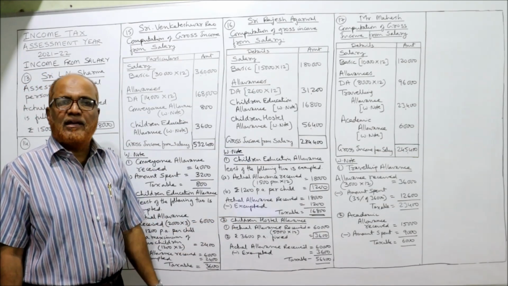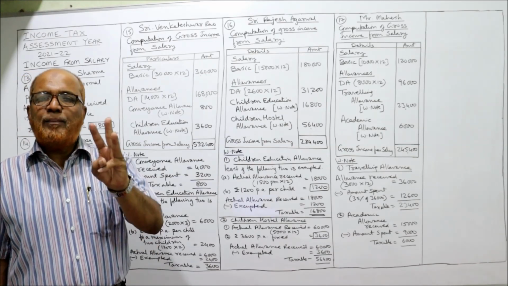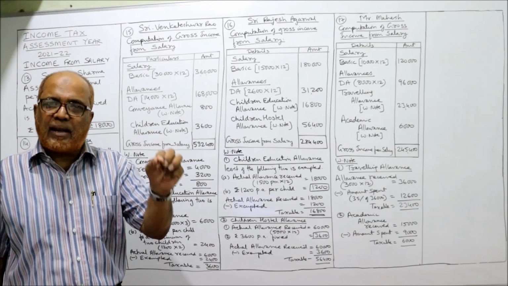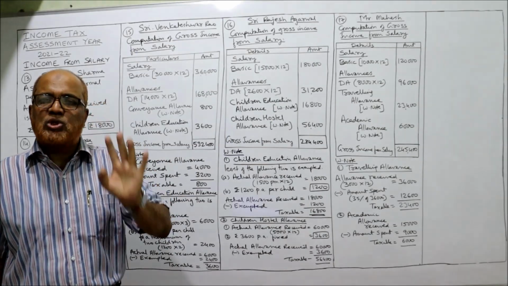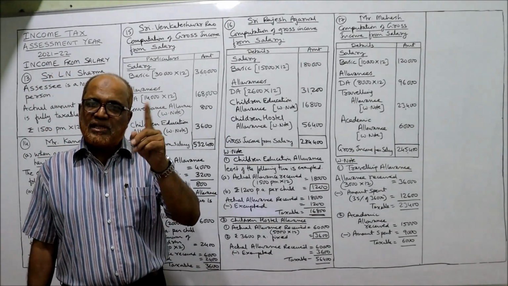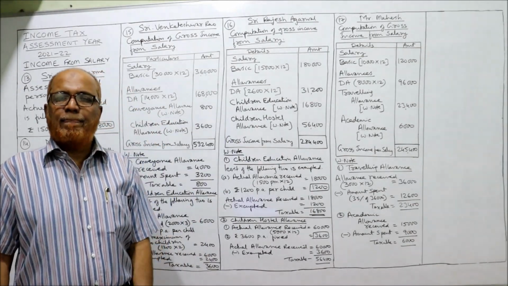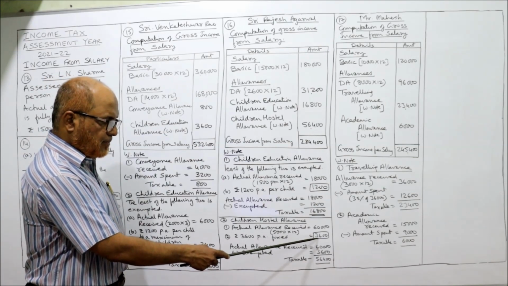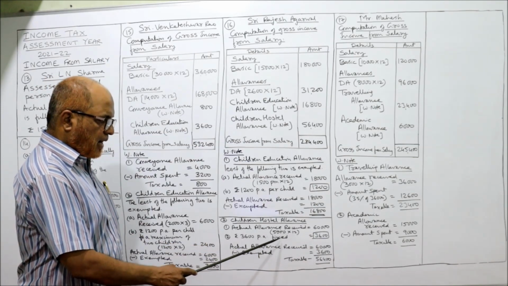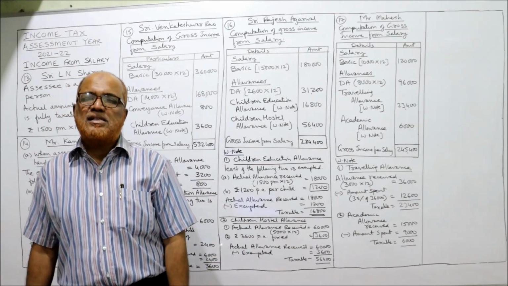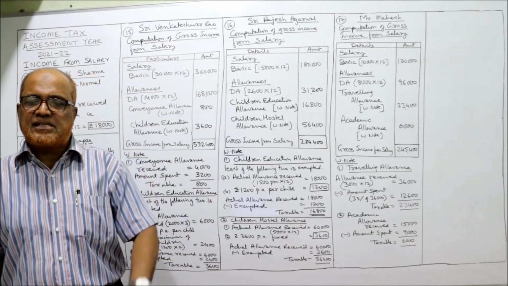Then the fixed ceiling is 300 per month or 3,600 per annum per child for a maximum of 2 children. But here he is getting only for 1 child, so the ceiling will also be for 1 child, 3,600 per annum fixed. Whichever is least, 3,600 is the least, and that will be allowed as exemption.